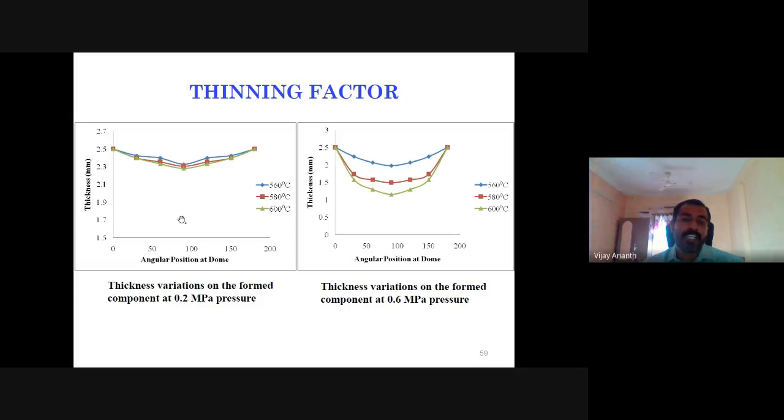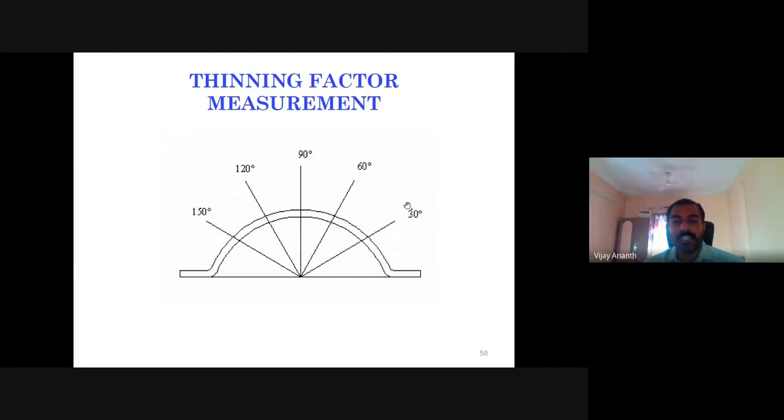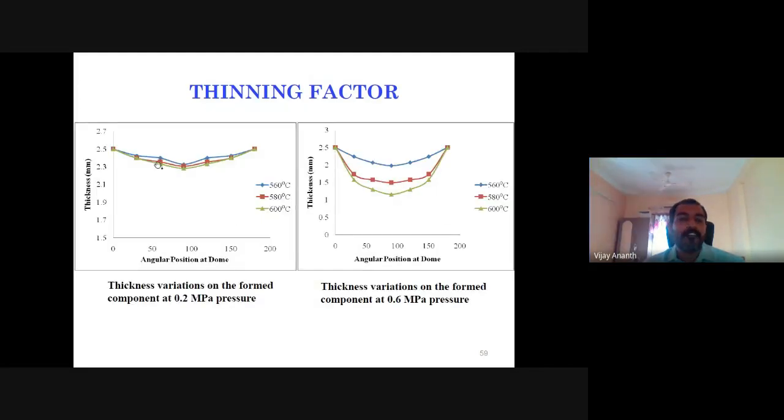So these are the thinning factors we obtained at 0.2 megapascal. These are the thinning factors at the points at 30-degree angle and 60-degree angle that we have plotted. The pole region has the least thickness. In the same way for 0.6 megapascal at 600 degrees, the thickness is reduced by nearly 1 mm.